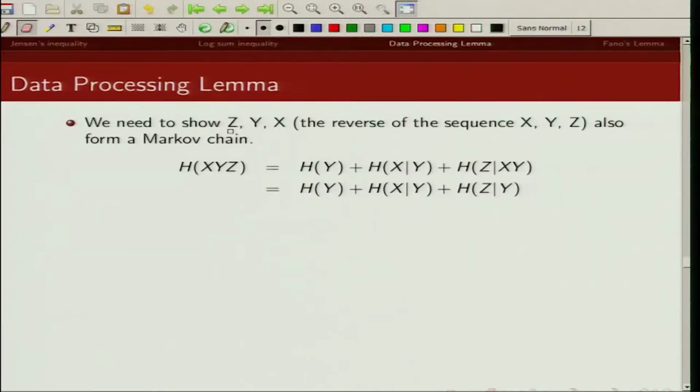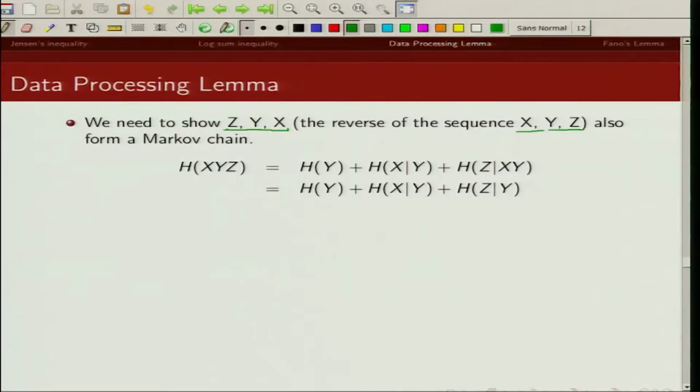So we will show now that if X, Y and Z form a Markov chain, then Z, Y and X will also form a Markov chain.